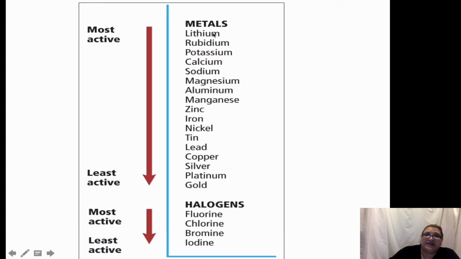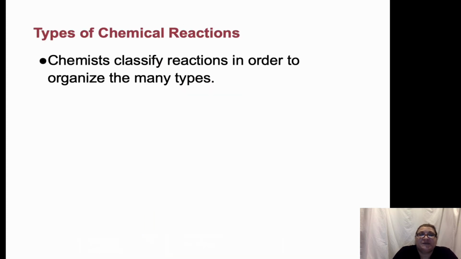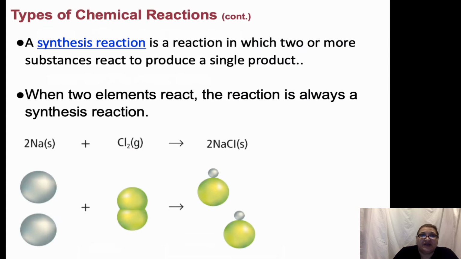So if lithium, for example, is higher than iron, lithium will replace iron, but not the other way around. Potassium can replace magnesium, but magnesium cannot replace potassium. Okay? And the reason we classify reactions is to be able to organize all the types of reactions.